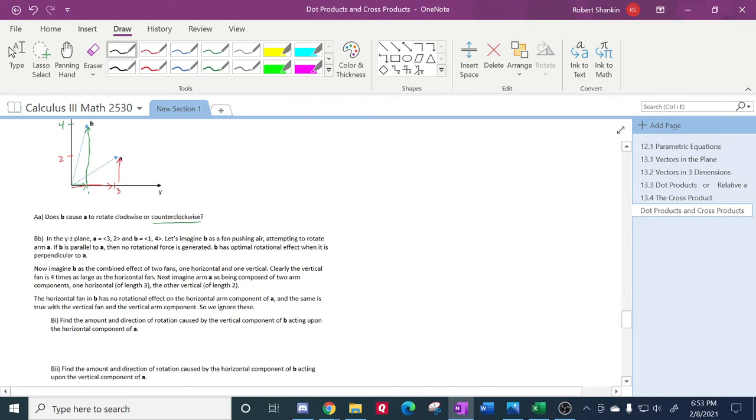I think there's a tendency on this one to have a hard time with the language. But if we look at it the right way, it can become really simple. All we're looking at is this: what effect does this have on this horizontal?